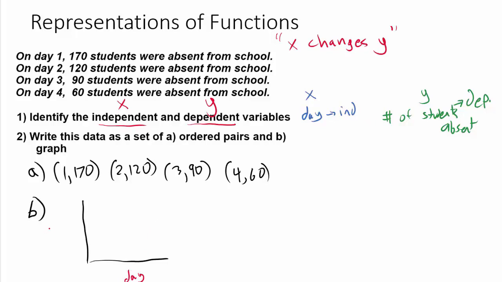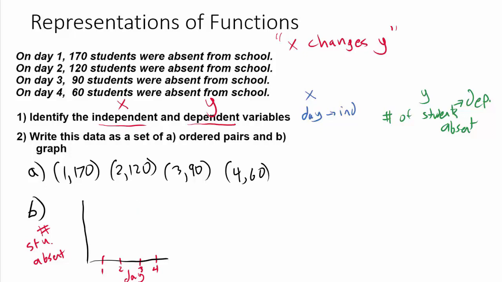And on the y-axis, we should have the number of students absent. I'll abbreviate students here as STU. And for the days, since we're just going up by 1s, I'm just going to have each of these count for 1. So I'll have this go 1, 2, 3, and 4.